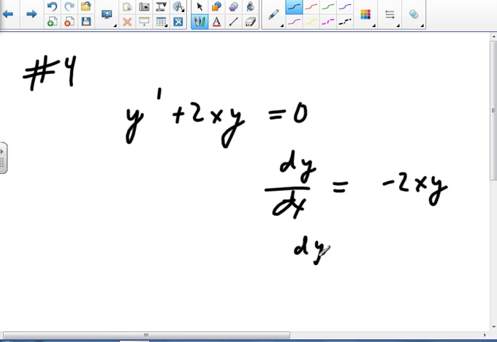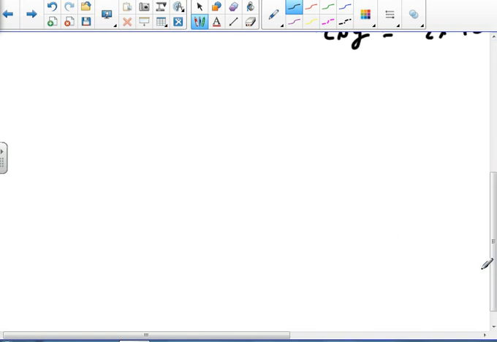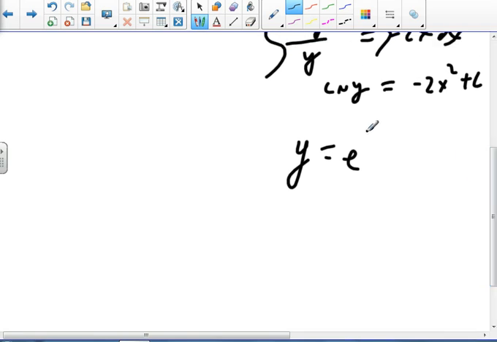Then dy over y is equal to minus 2x dx. Then I'd integrate both sides and say the natural log of y is equal to minus x squared plus some constant c. Then y is equal to e to the c times e to the minus x squared. So if I was solving it not in chapter 3, that's how I would solve that problem. But I'm in chapter 3, so I can't do that.